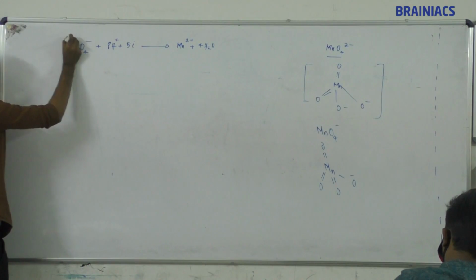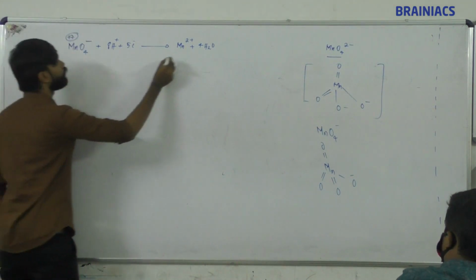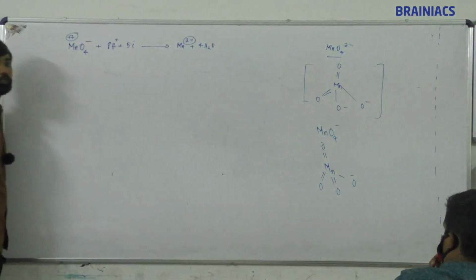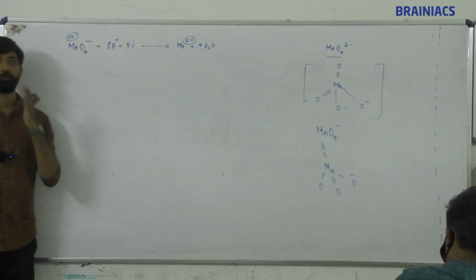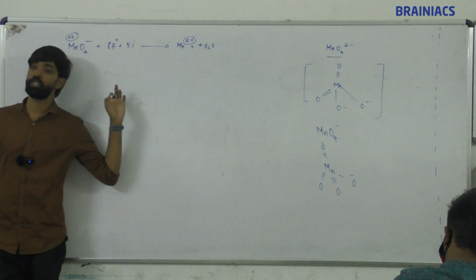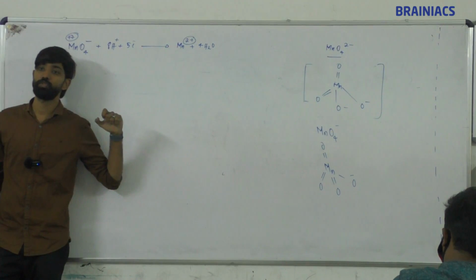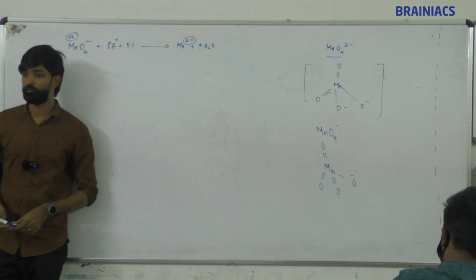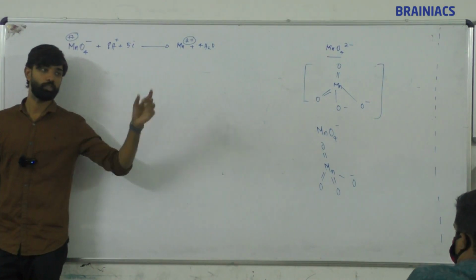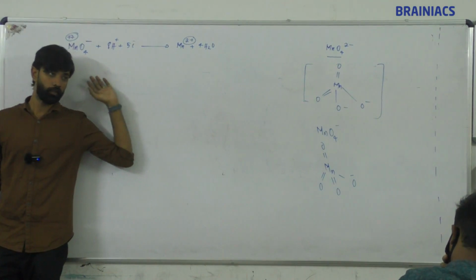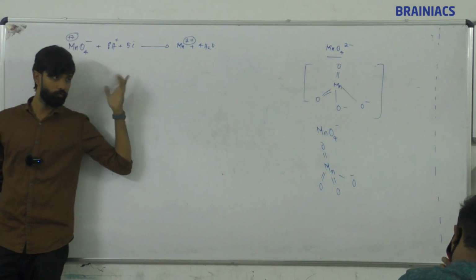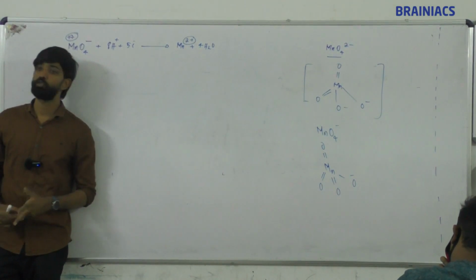From plus 7 it is reduced to plus 2. And it can oxidize all species which are oxidized by K2Cr2O7 in acid.